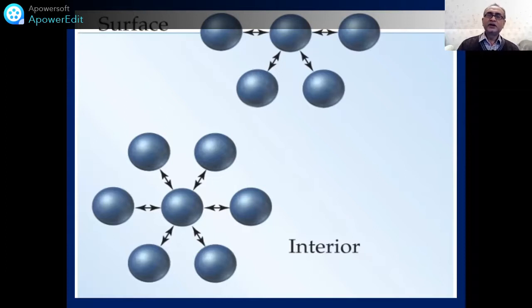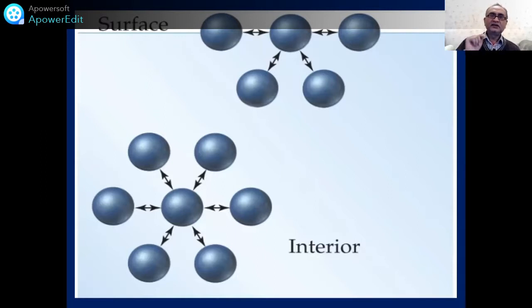The left side is balanced by the right, and the downward by the upper. What is the bottom line here? The molecule in the center experiences balanced forces. No unbalanced force is acting on it.